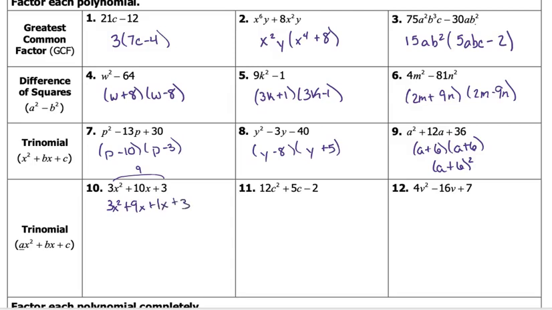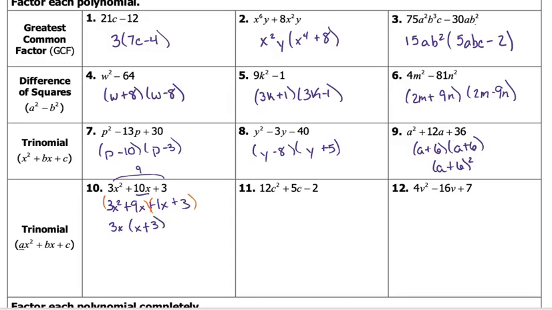So really what we're doing is just splitting this into two pieces. And now that we have it in two pieces, we're going to set them into groupings. I'm going to start with the first one. What GCF will come out of 3x squared plus 9x? I can take out a 3x, which will leave me with x plus 3.